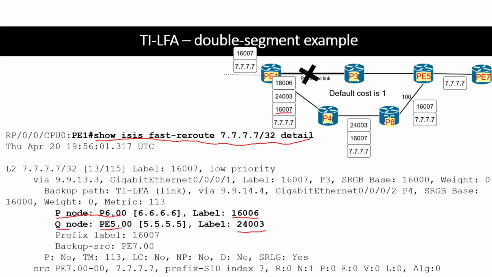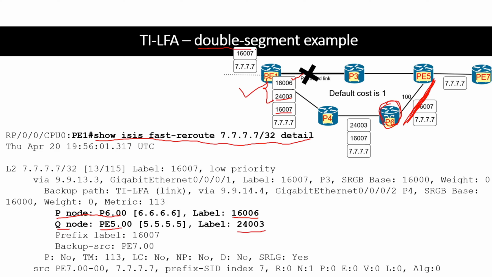16007 is the original label for the destination. 24003 is the adjacency-sid between P6 and PE5, and then 16006 for the P node. Hence we can see here two extra labels have been pushed on top of it for the backup path.